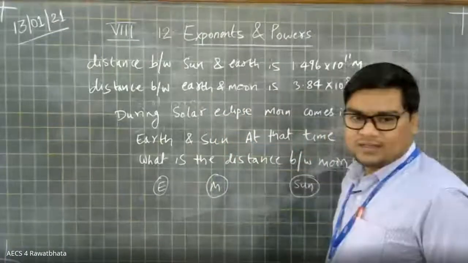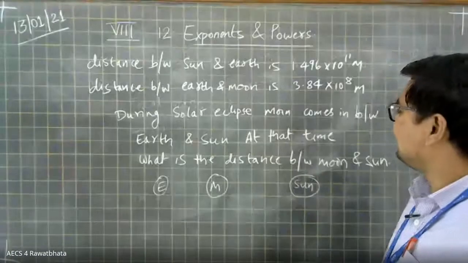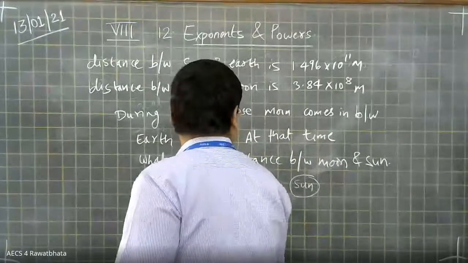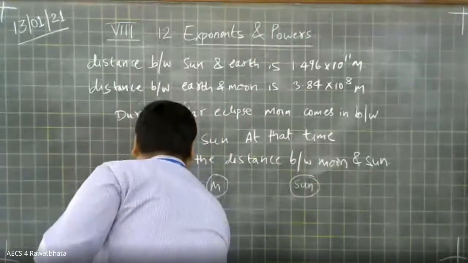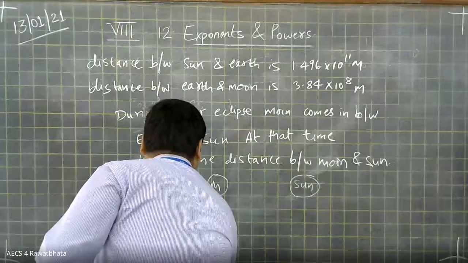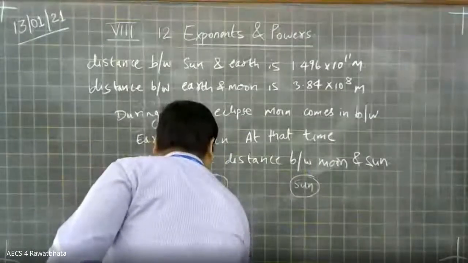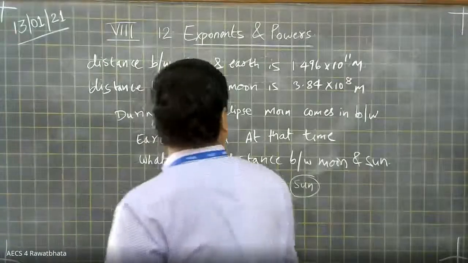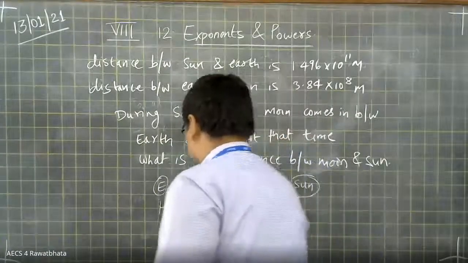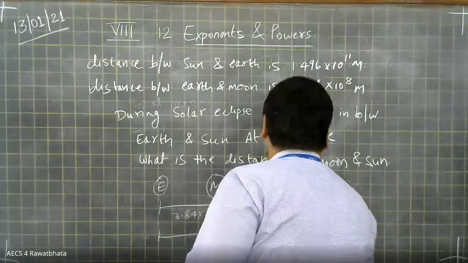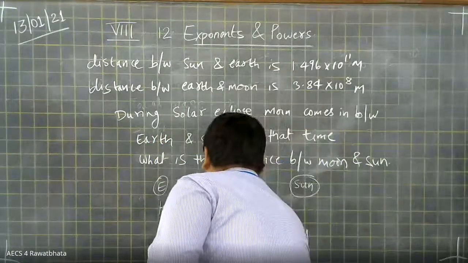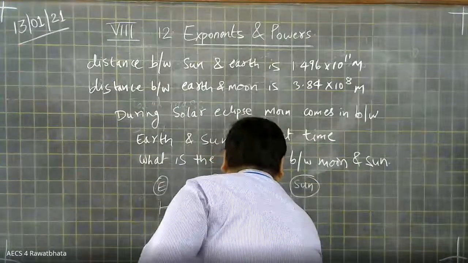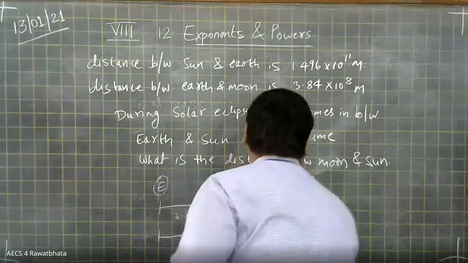The distance between Earth and Moon is 3.84 into 10 to the power 8 meters, and the distance between Earth and Sun is 1.496 into 10 to the power 11 meters.